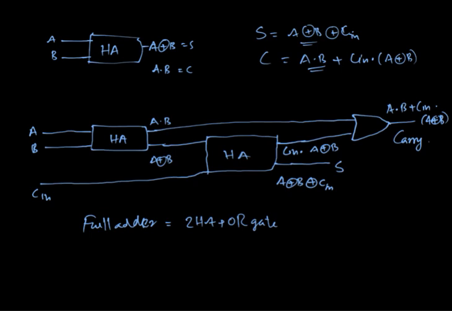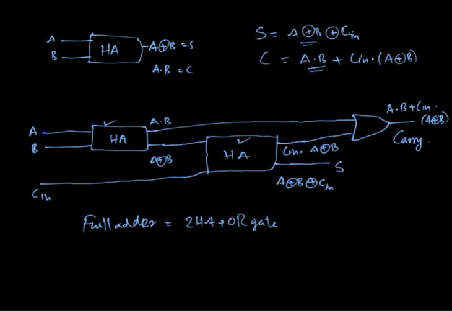Now for practical purposes, we have to do this experiment or realization of the full adder using NAND gates. Here we have seen how we can construct a half adder using NAND gates. So this will consist of NAND gates along with a half adder. This will also consist of a half adder.